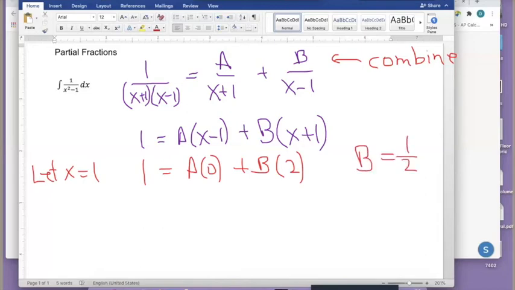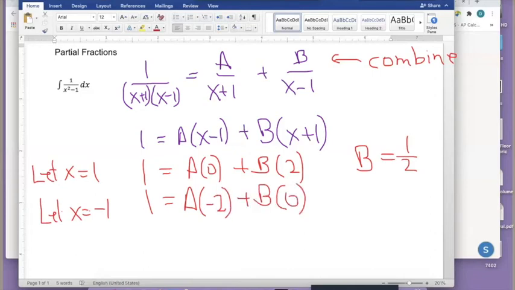Now we need to find a value of A that will get rid of B. Notice B is multiplied by x plus 1, so let's let x equal -1. Then we've got 1 equals A times (-1 minus 1), which is -2, plus B times 0. And now A equals -1/2.